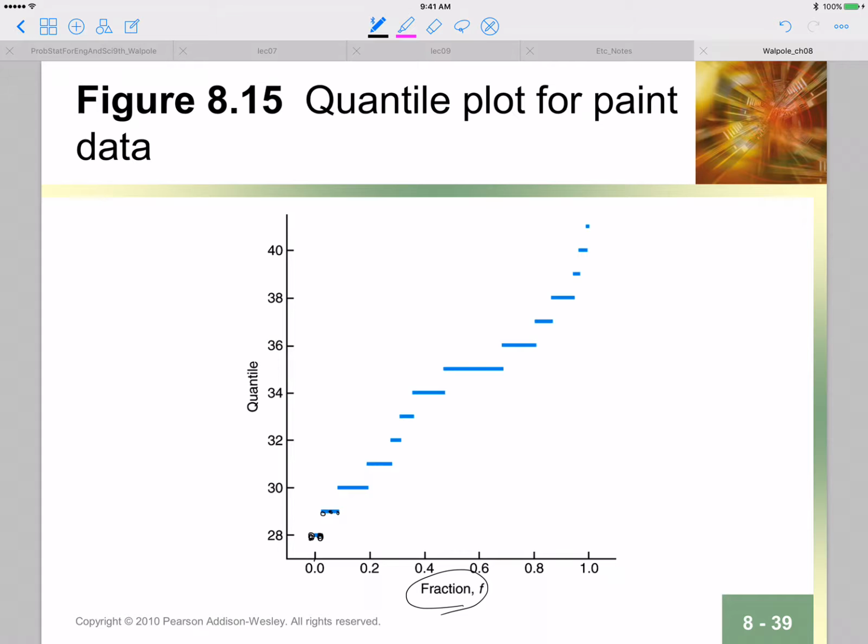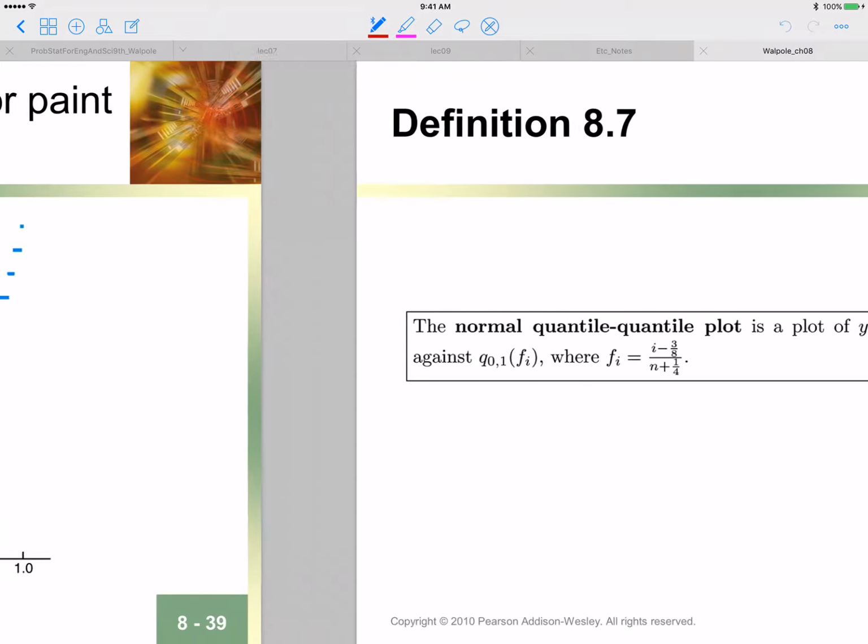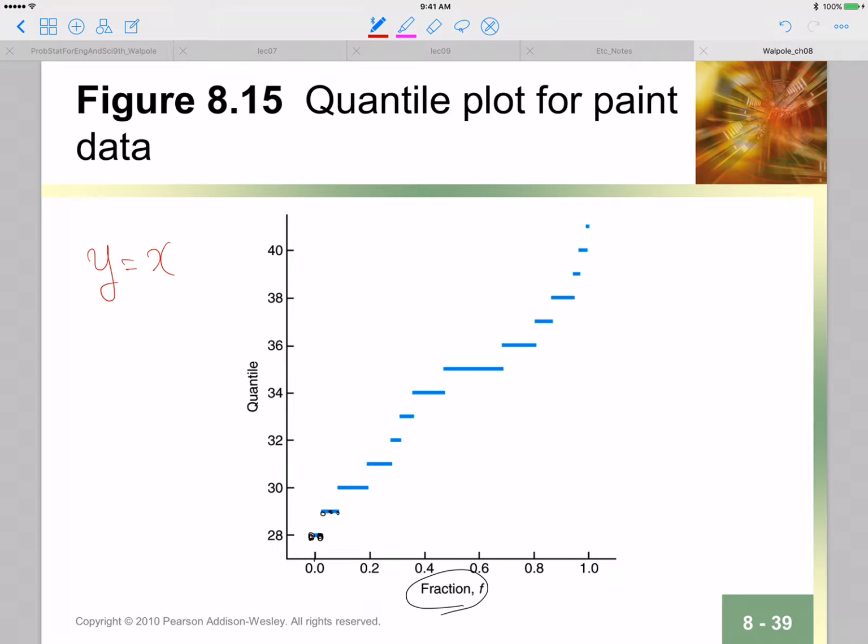So if you think about the reflected version of the curve with respect to the linear function y equal x, this flipped version of the curve will be your cumulative distribution function, because they have the relationship of inverse functions. Okay, so that is a quantile plot.